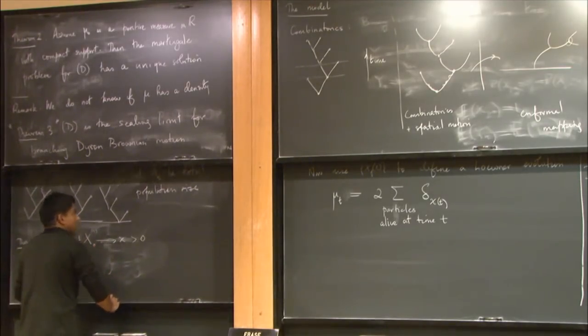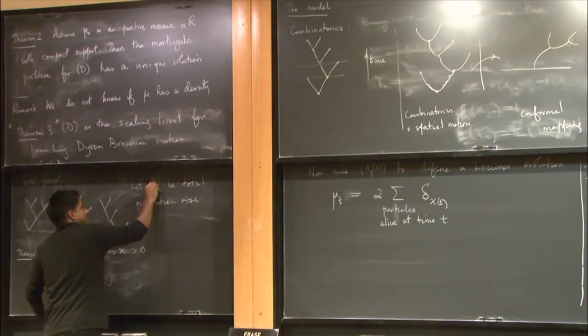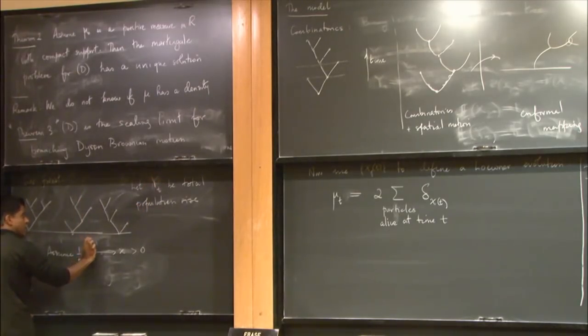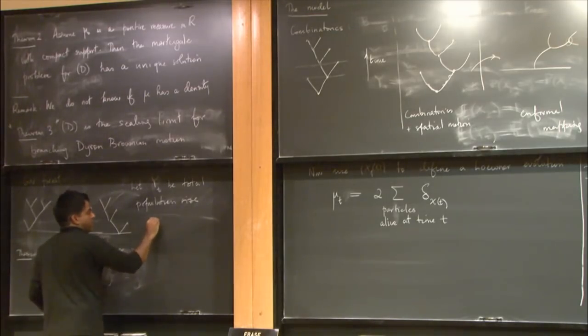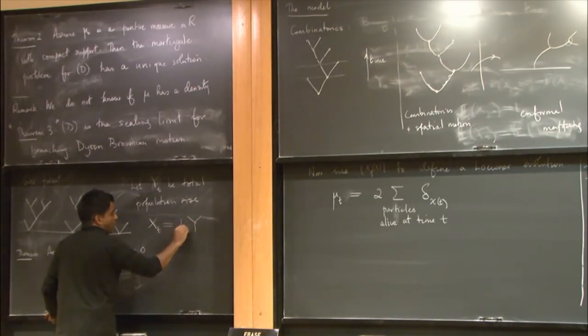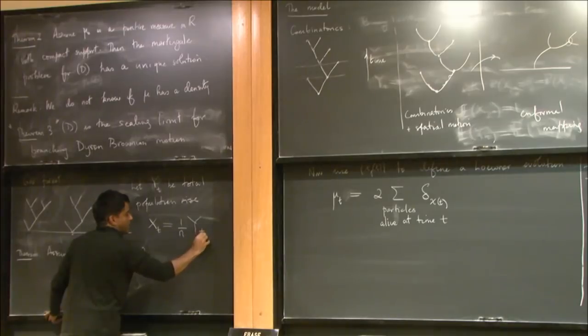Let me write it out this way. Let me make this a yt, and let me make xt equal to 1 over n times y of nt. So you're speeding up time.